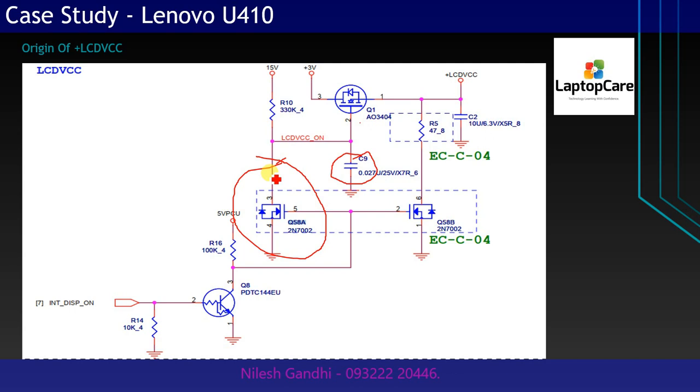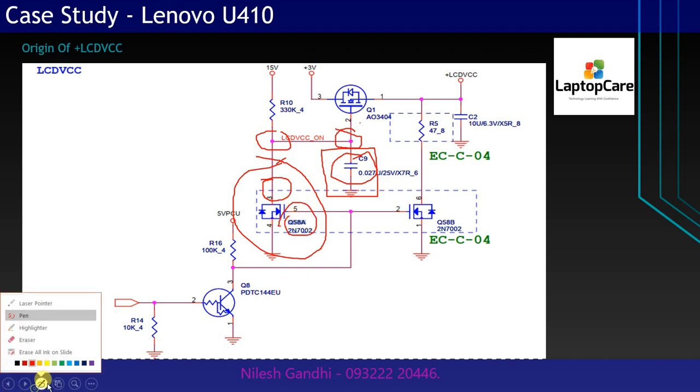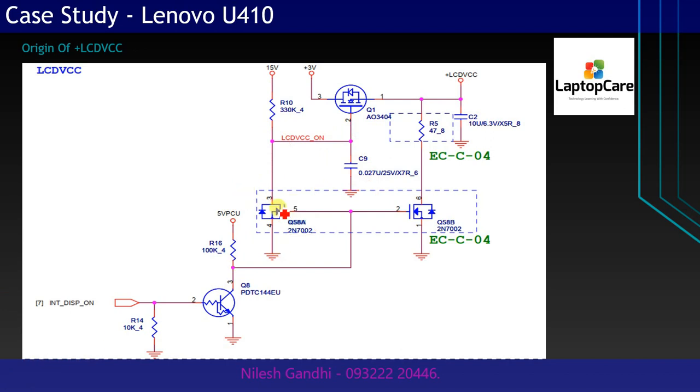To check further, I removed C9 as a suspect, and still after removing C9 we didn't get the required plus 15 volt at this junction, which is the junction of R10, C9 and pin number 3 of gate Q58A. This Q58A is also an N channel MOSFET.